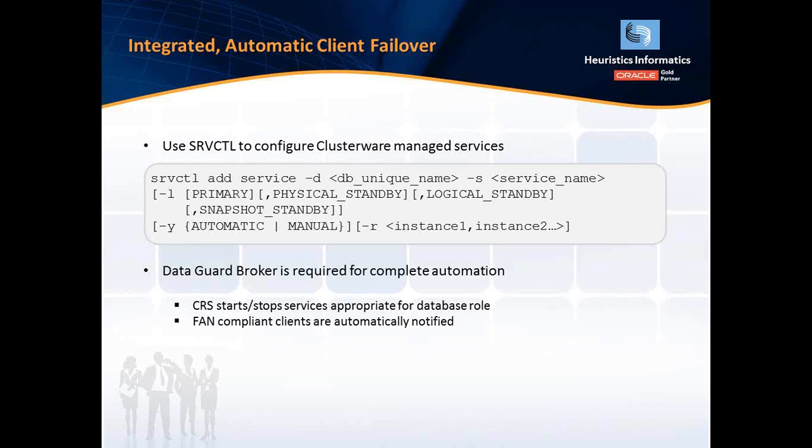And then we can configure the Data Guard broker, which is required for complete automation, to detect failures on the primary database and automatically switch the standby database role to a primary. The Data Guard broker also issues FAN notifications so that your applications that are FAN compliant can automatically and transparently fail over to the standby database.